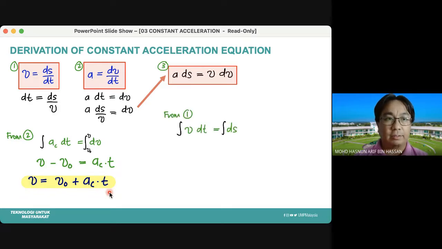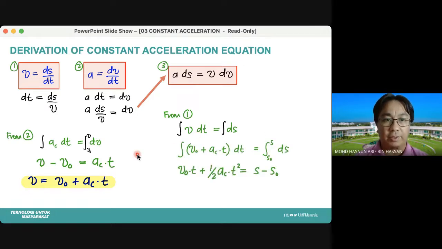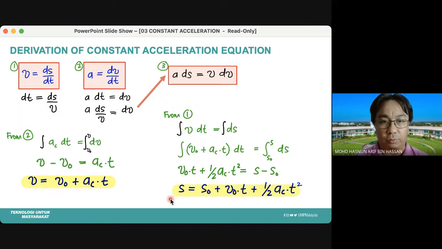And then from equation 1 here, we can do another integration. I have explained all of this in the video in detail, so you can watch the video if you don't understand. In the end, we can get the equation to calculate the displacement. The displacement s is equal to s naught, which is the initial displacement, plus v naught times t, this is the initial velocity.